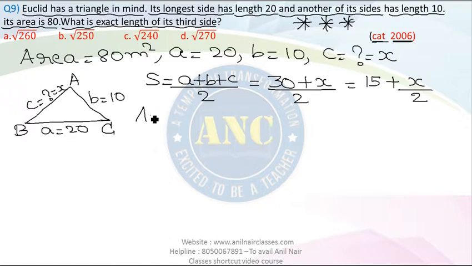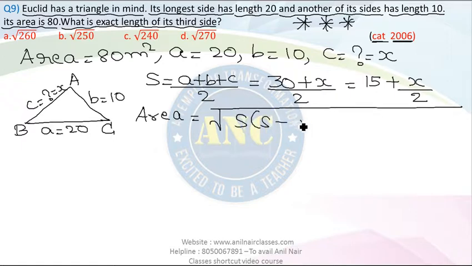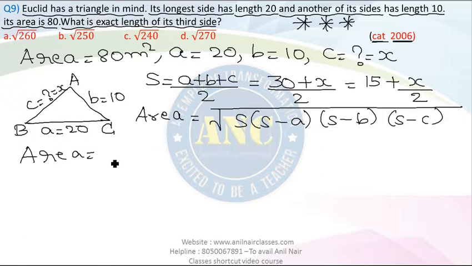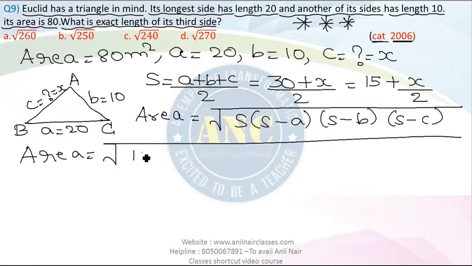If I apply the area of triangle is square root of S into S minus A into S minus B into S minus C. This will eventually become square root of S, which is 15 plus X by 2, into S minus A, which is 15 plus X by 2 minus 20, A value is 20.